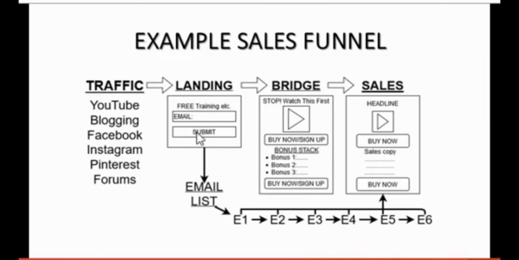Here you have the landing page. This is the way that you collect emails, and the way you do that is by giving away something for free. It needs to be something your target audience would be interested in enough to hand their email over to you, so it needs to speak to their problems.